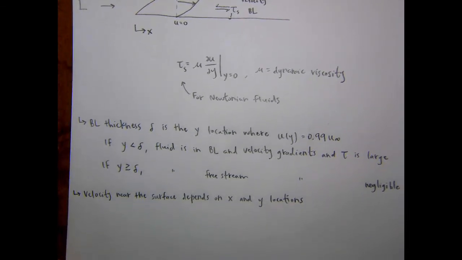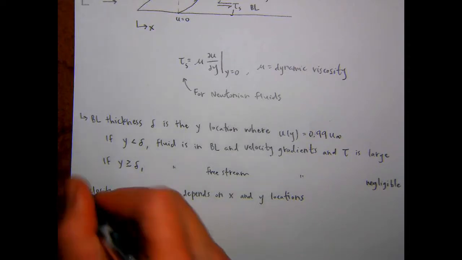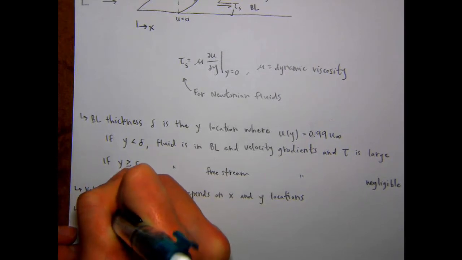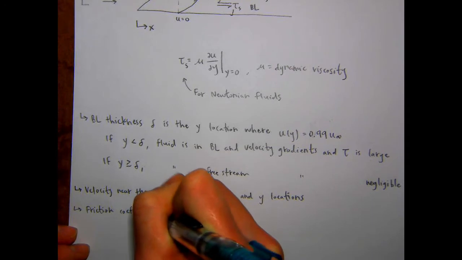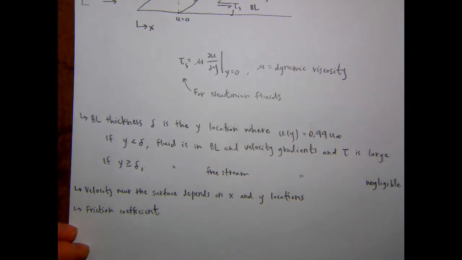So the main reason we care about the velocity boundary layer, for fluids and heat transfer calculations, is because it is related to the shear stresses, which determine the friction coefficient. If you remember from fluids, if you have flow moving over an object, you'll have some kind of skin drag, some friction related to that flow.